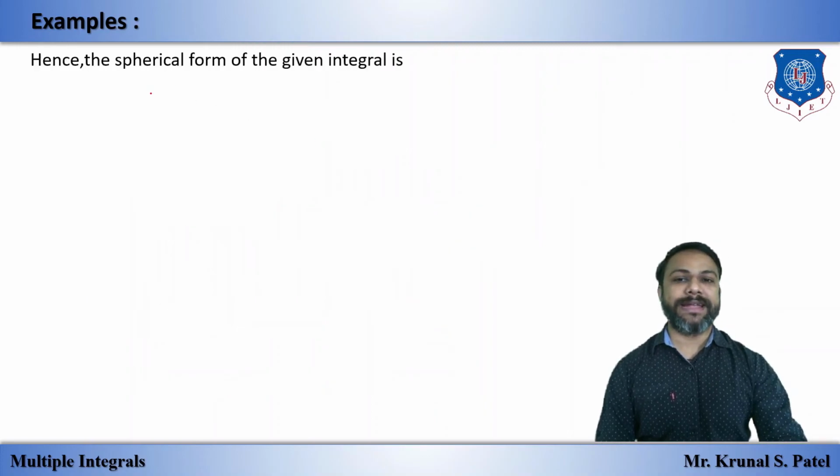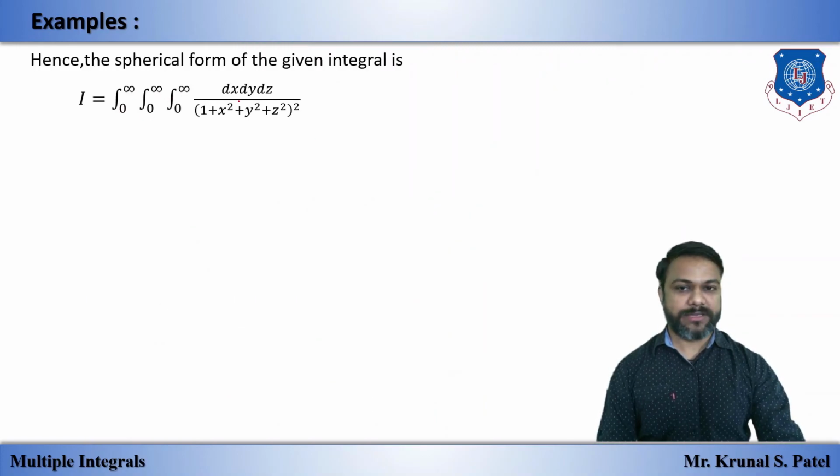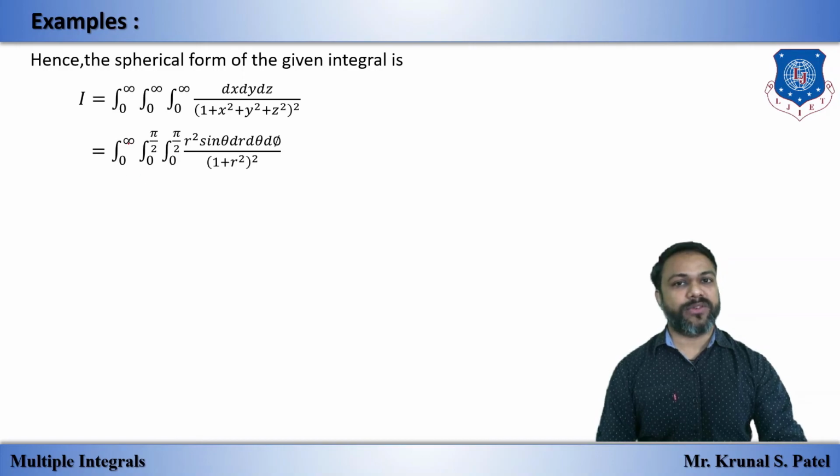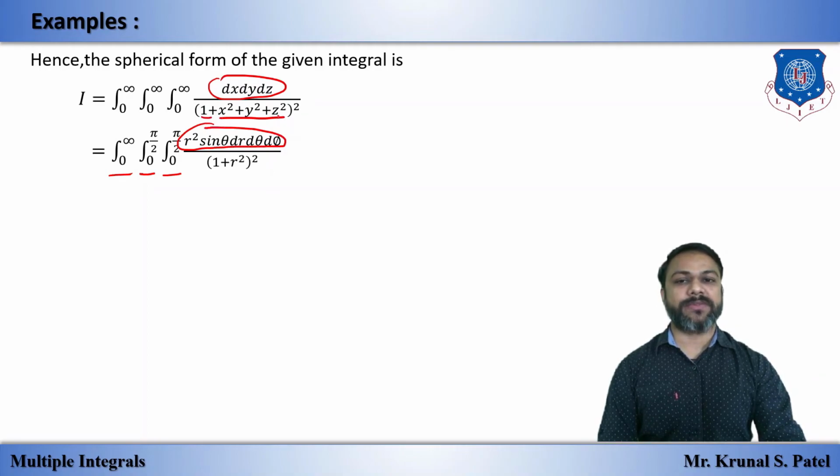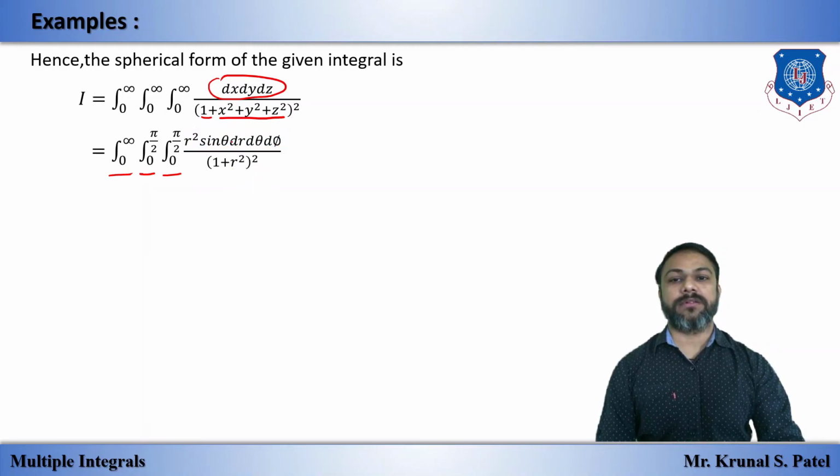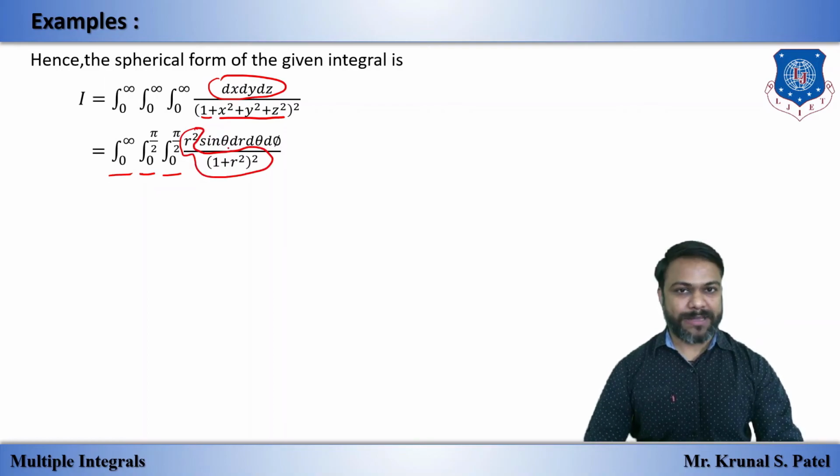So the given integral becomes limits 0 to infinity for r, and theta and phi from 0 to pi by 2, and dx dy dz becomes r square sine theta dr d theta d phi, 1 as it is, and x square plus y square plus z square is r square, whole square as it is. Now we have this r term, so we can take the integrations separately.